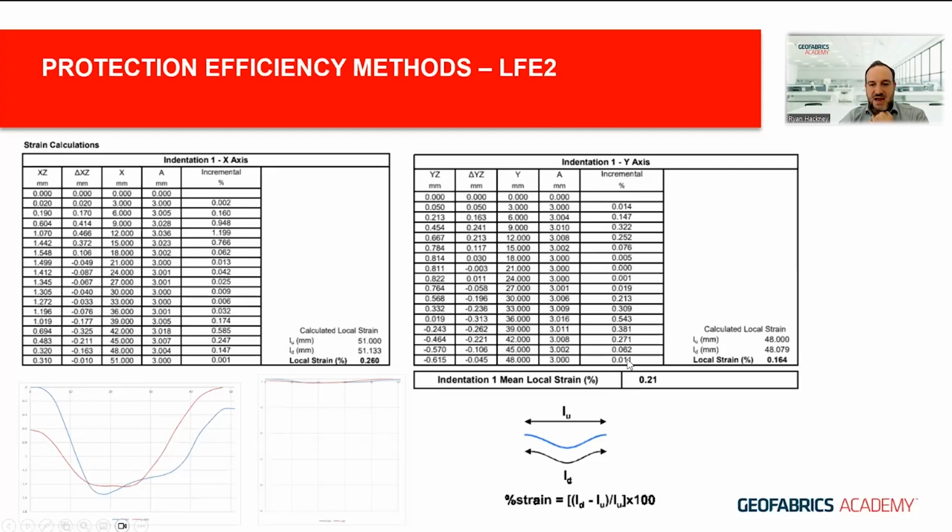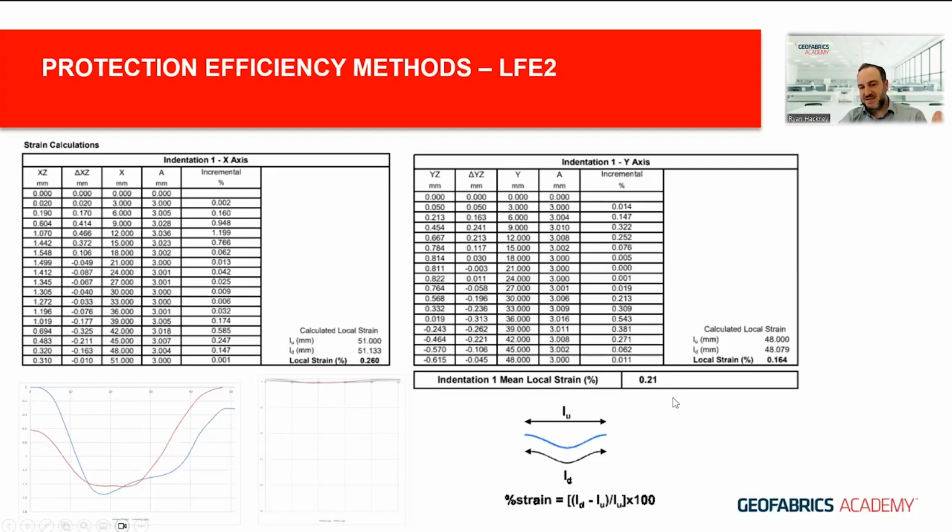We then do the same in the perpendicular y-axis direction. We again get a set of data with incremental strain, and the summation of those gives us the local strain for that particular section. And then if we average both local strains for the y-axis and the x-axis, this is where we get the mean local strain for that indentation across those 2 axes.